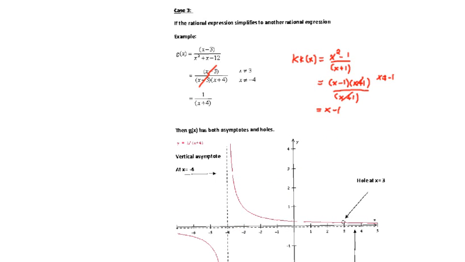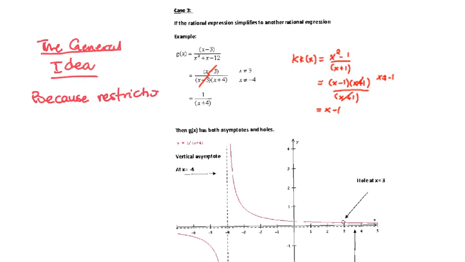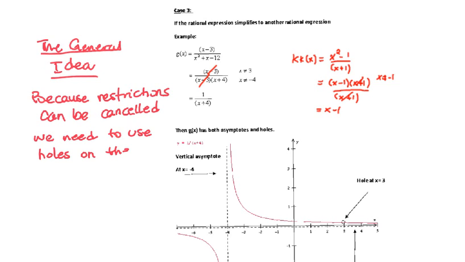So the general idea of what I really want you to get is that sometimes, because restrictions can be cancelled, we need to use holes on graphs.